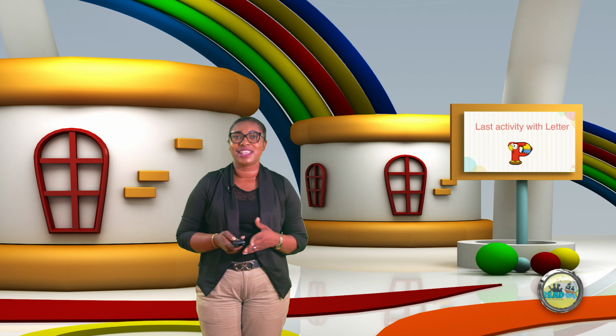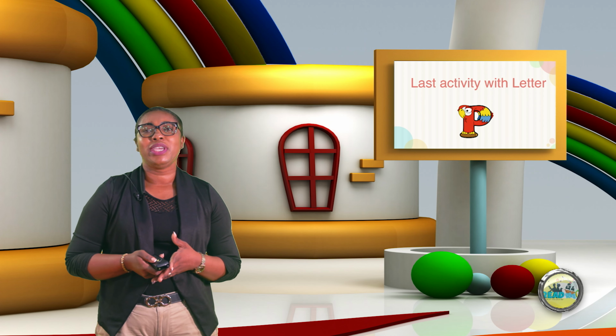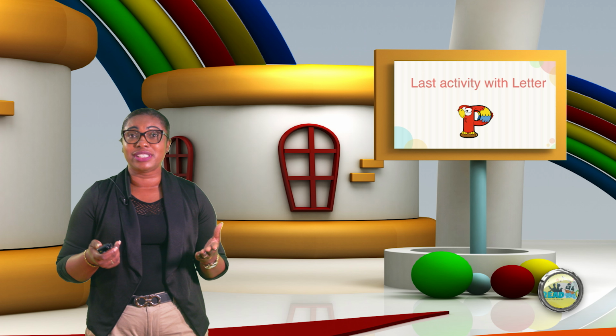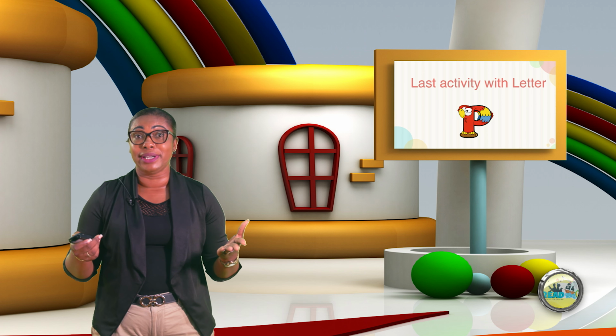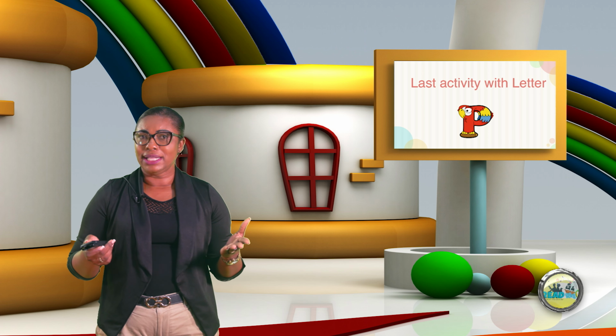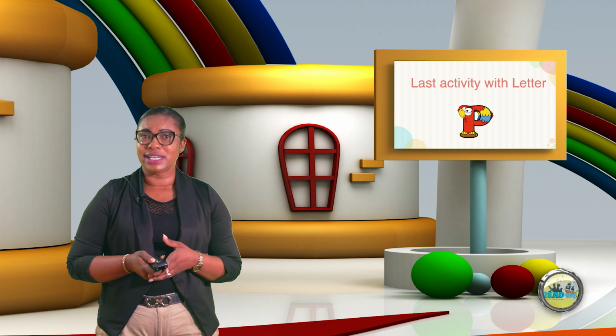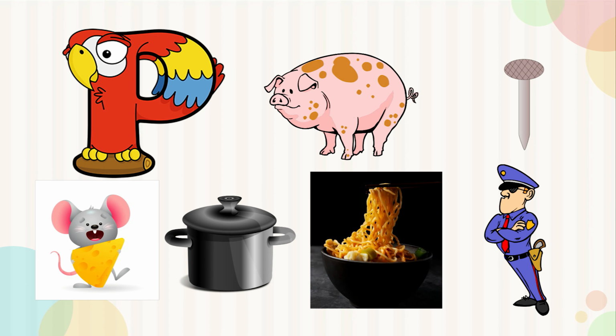And guess what? It's time for us to look for some valuable treasures. And remember, today, we are going to be looking for treasures that are related to our letter P. So let's look at these pictures and say their names. Pig, nail, mouse, pot, noodles, policeman.